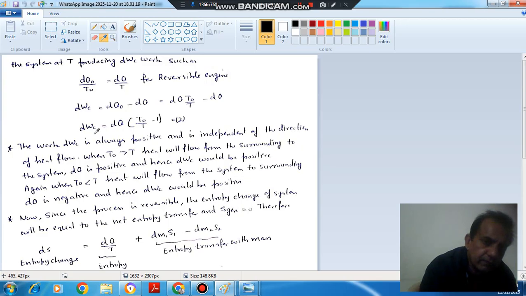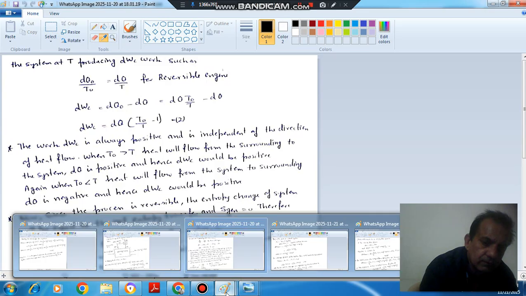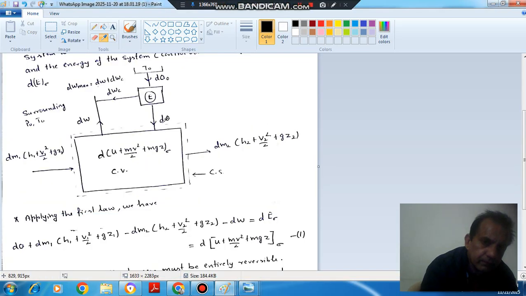Now this dWc will always be positive. If T naught is greater than T, the surface temperature, then dQ naught will flow as shown, dQ will also flow from the engine to this control surface, and work will be positive.